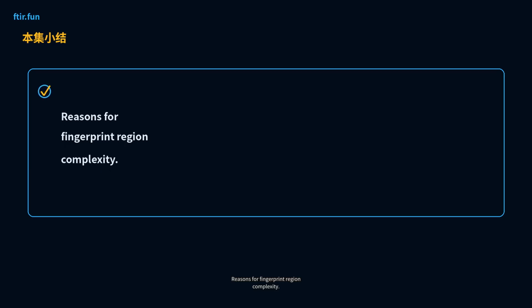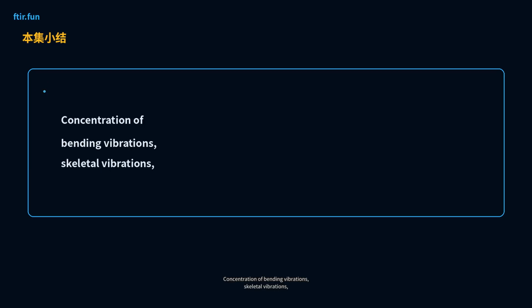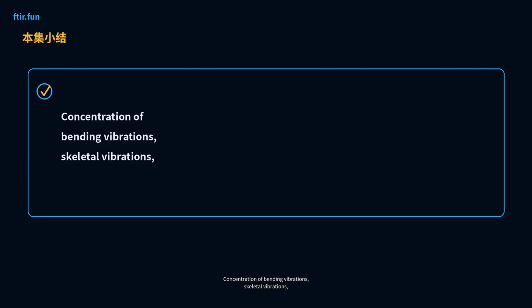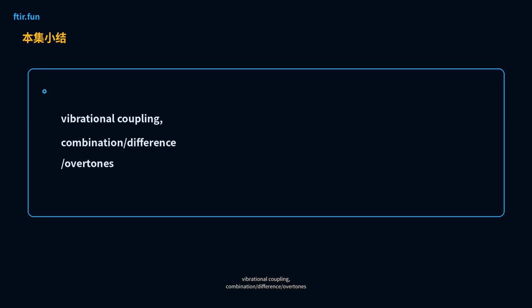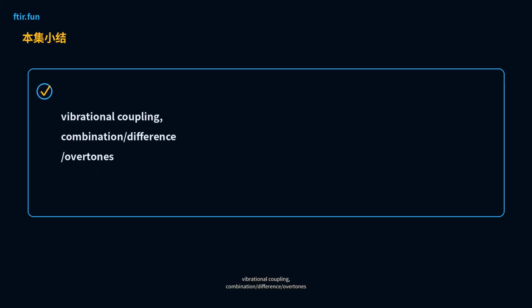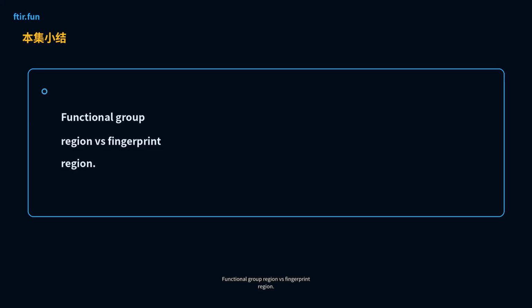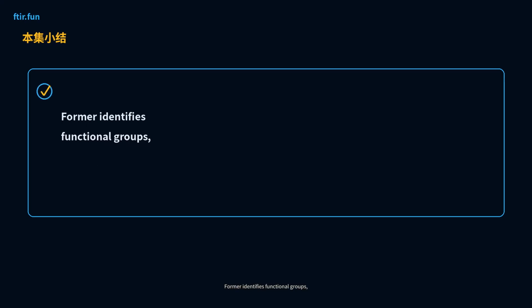Reasons for fingerprint region complexity: concentration of bending vibrations, skeletal vibrations, vibrational coupling, combination, difference, and overtone bands. Functional group region versus fingerprint region: the former identifies functional groups, the latter identifies the whole molecule.